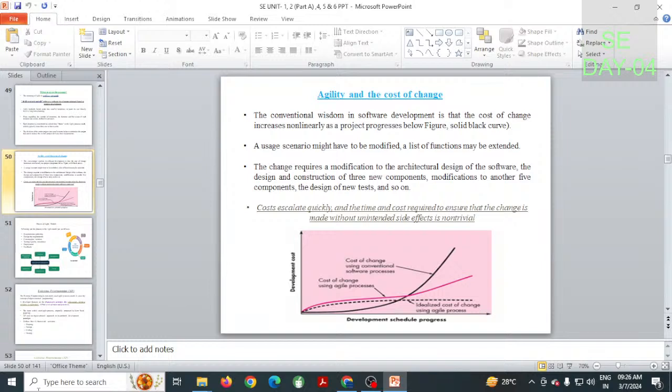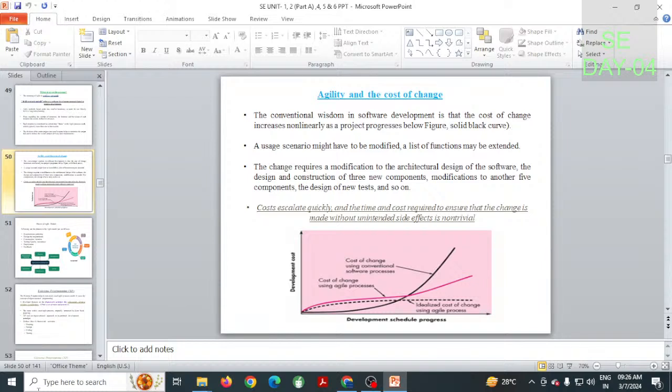Here one thing we should remember, always the cost of change in agility. The conventional wisdom in software development refers to the cost of change.